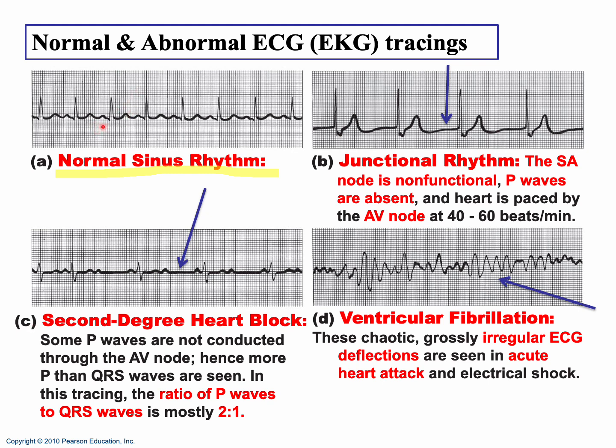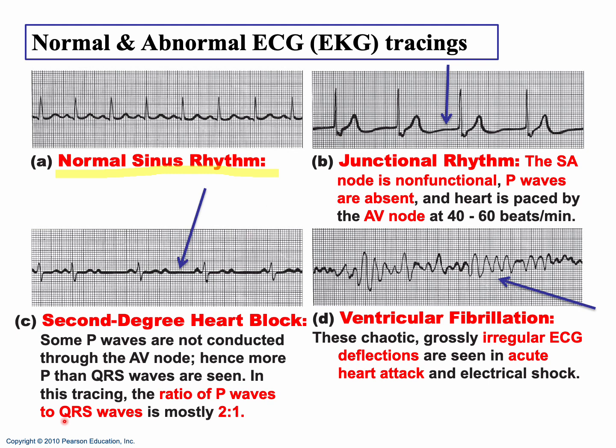You have your P wave, you have your QRS complex, you have your T wave, etc. But the other three here would be abnormal ECG tracings. These are just three examples I'm showing you. You'll definitely see many different types of heart defects and diseases in lab.